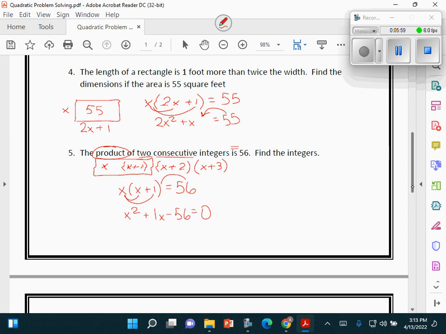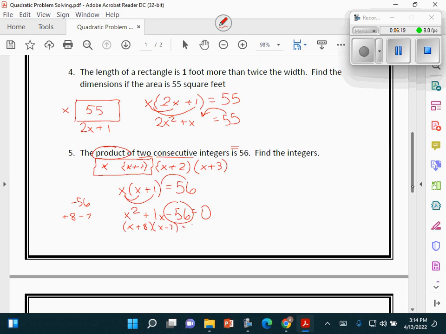You choose a method. I think I'm just going to use factoring, and think of factor pairs for negative 56, which would be 8 and 7, and we want a positive 1, so that would be x plus 8 and x minus 7.